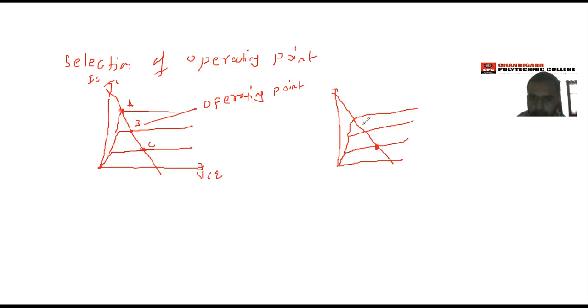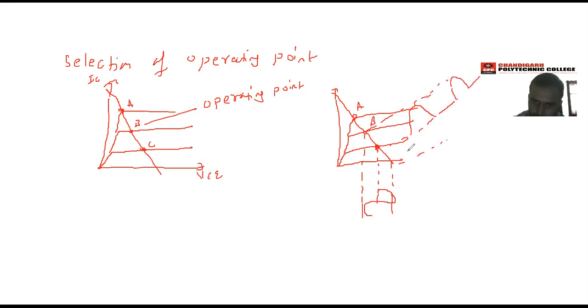This is A, this is B. At the operating point, we apply the input signal like this. When we apply the input signal and study the output, we observe that only the positive half gets amplified and there is no output at the negative half.